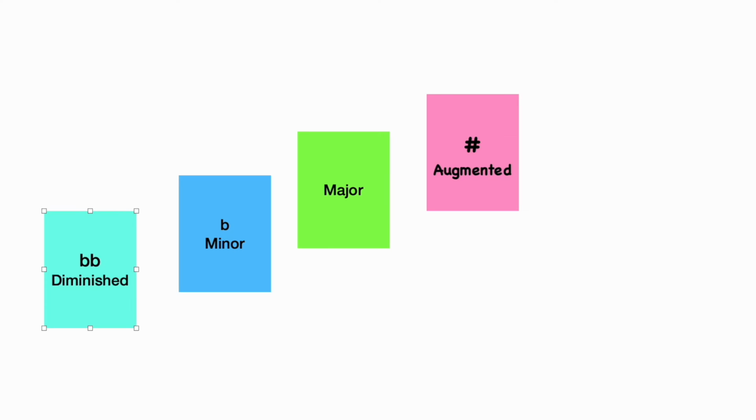Again, it gets a little weird because an E double flat would be a D as far as what it looks like and sounds like on a piano. But sometimes we're not going to call it a D, we're going to call it an E double flat. So once again, C, D, E, 1, 2, 3. But if our E is flat, it becomes a minor third. And if we double flat that E, it becomes a diminished third.